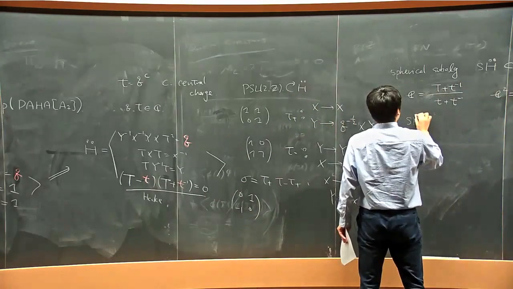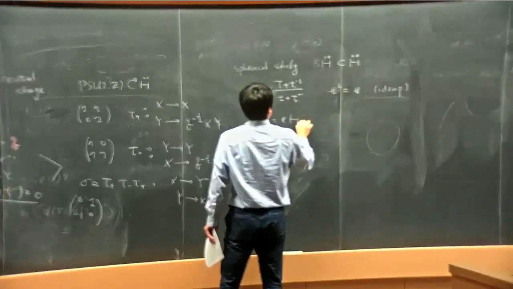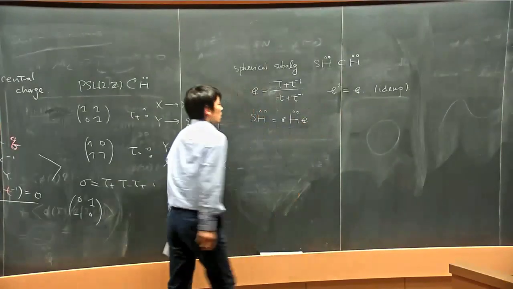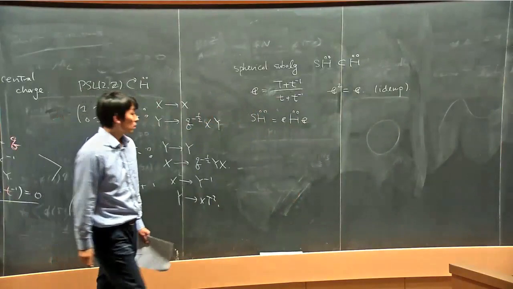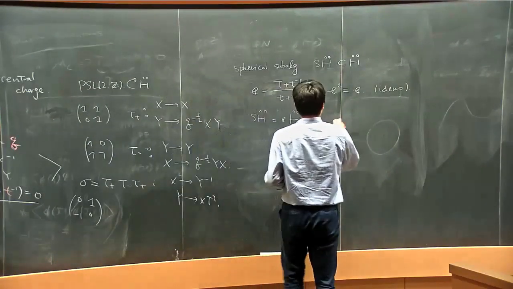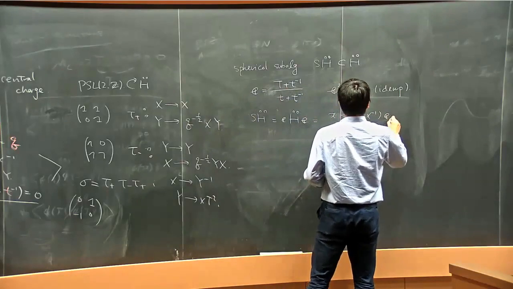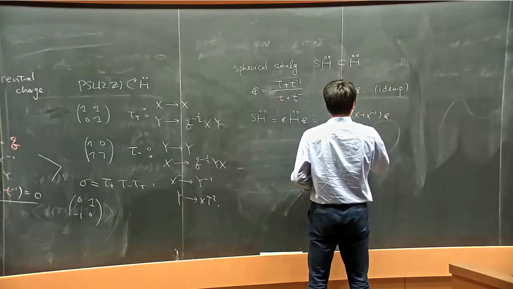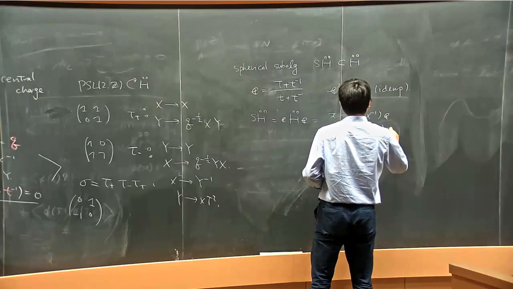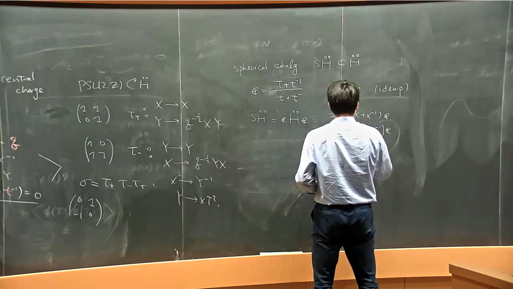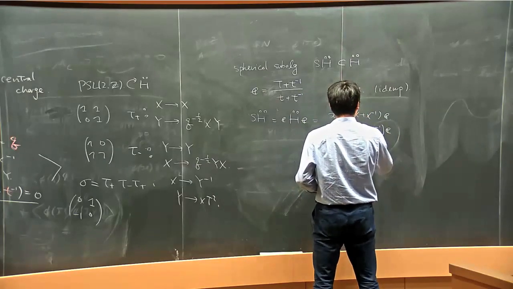And the spherical subalgebra is just you sandwich by the idempotent. Okay. Then what you would get is x is equal to x plus x inverse e, y. So there's a 3 generator inverse e, and z is equal to this is y.